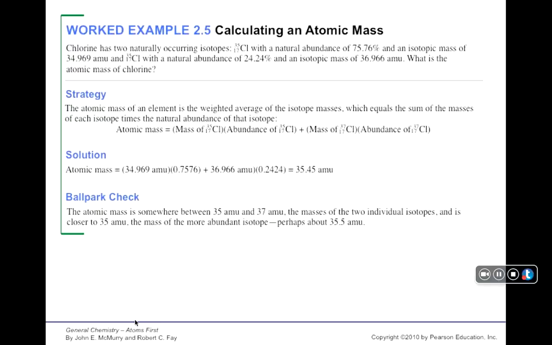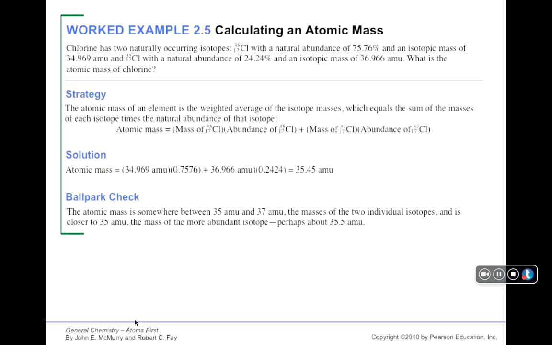So again, given two isotopes of chlorine as an example here, and their respective percent abundances, calculating their overall formula mass. One note here, you'll notice that they use the unit AMU, the 35.45 AMU. That stands for atomic mass units. You can use that unit, AMU, or grams per mole.